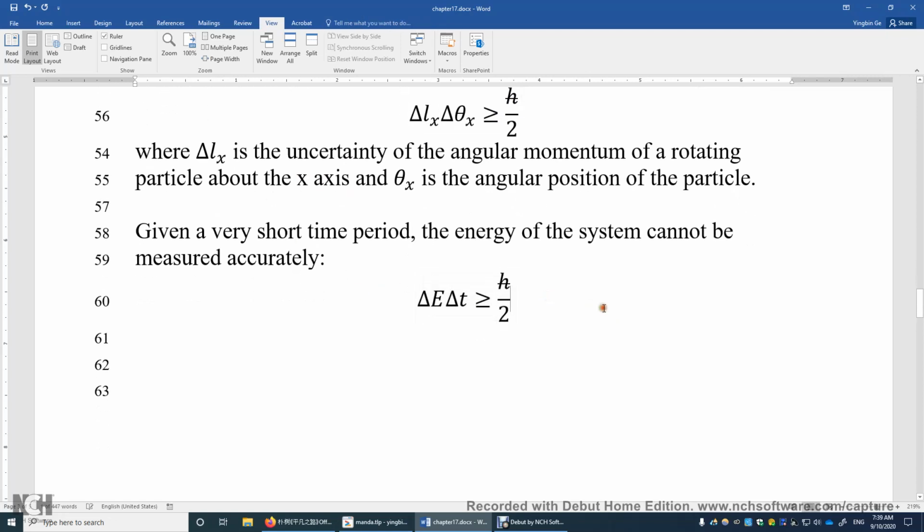Another equation here, well, it's an inequality, but it's just if you are measuring the energy of the system within a time period delta t, the uncertainty of the energy measurement times the duration of the time period is at least 1/2 of h bar.